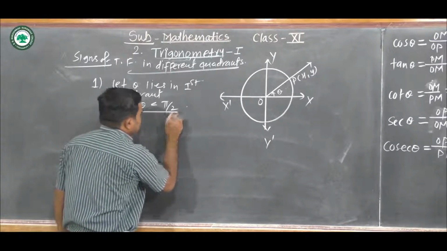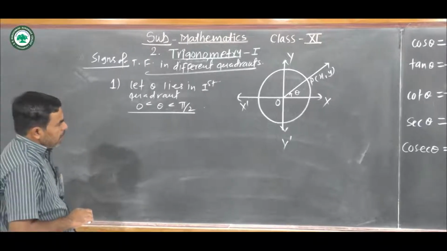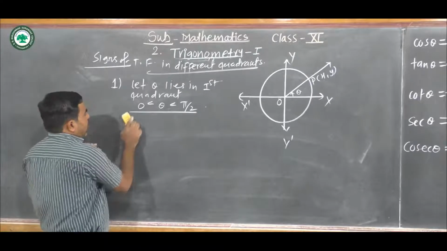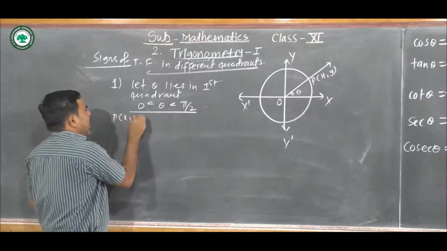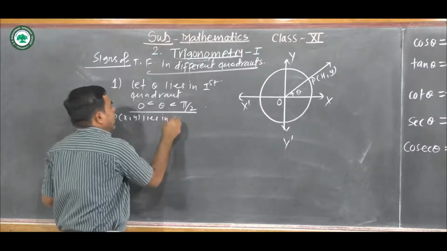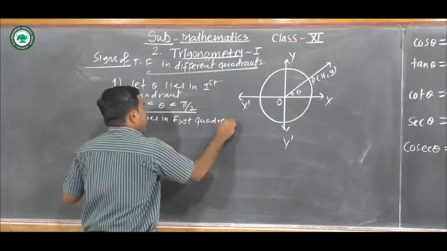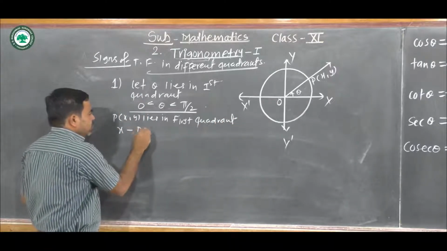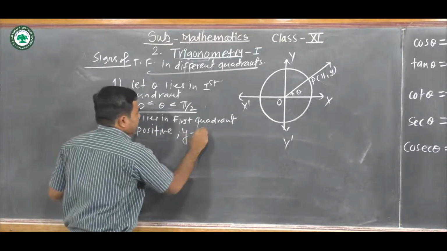It means we consider first quadrant. Now as angle theta lies in first quadrant, the point P(x, y) lies in first quadrant. And you know that in first quadrant x is positive and y is also positive.